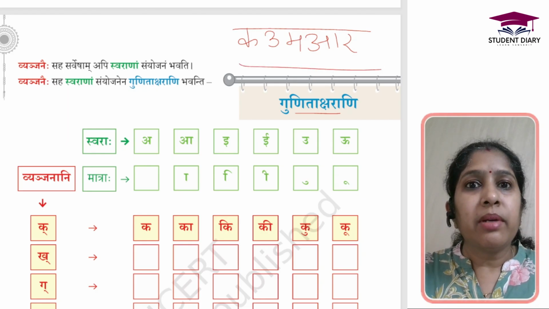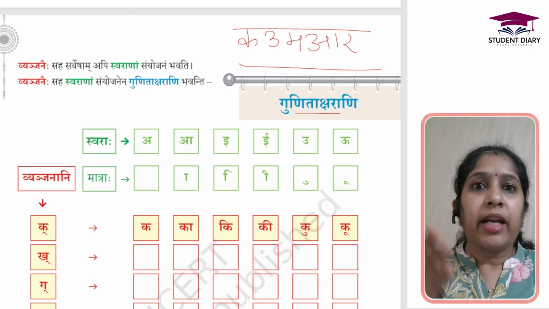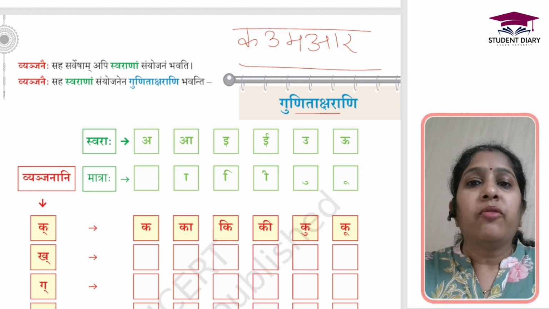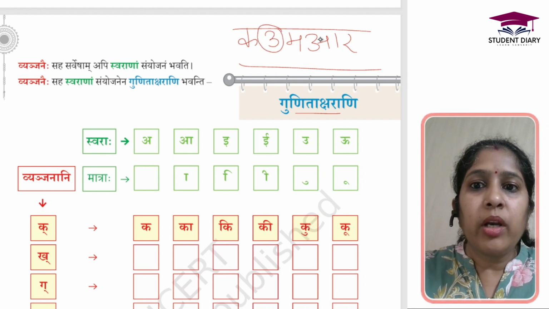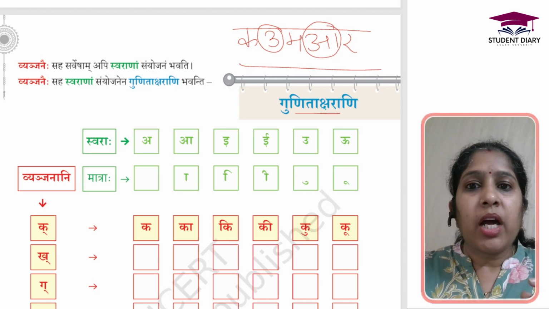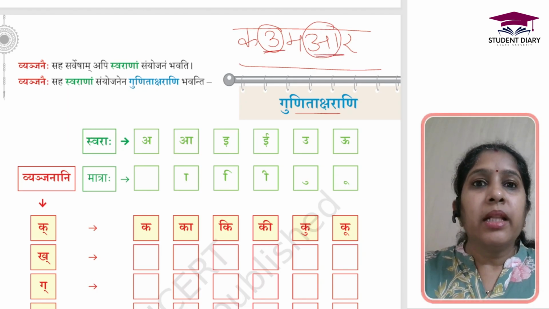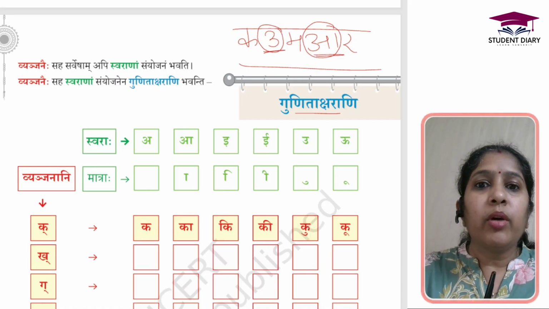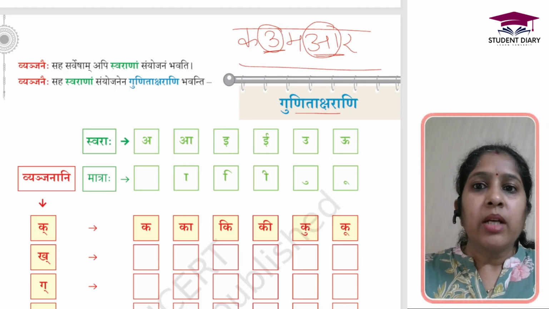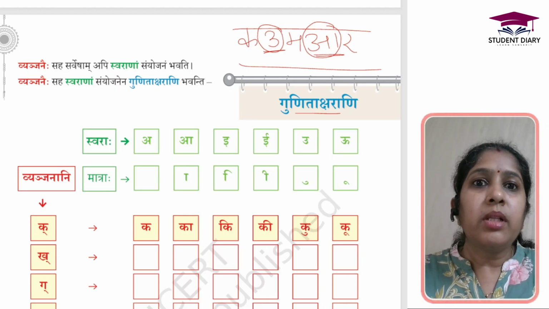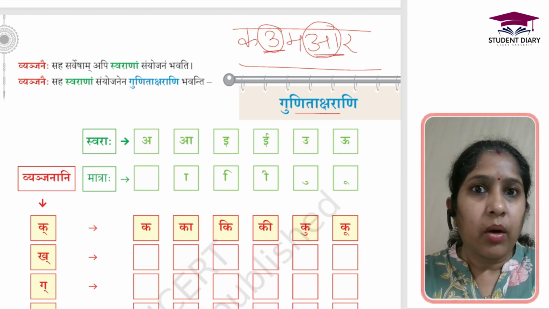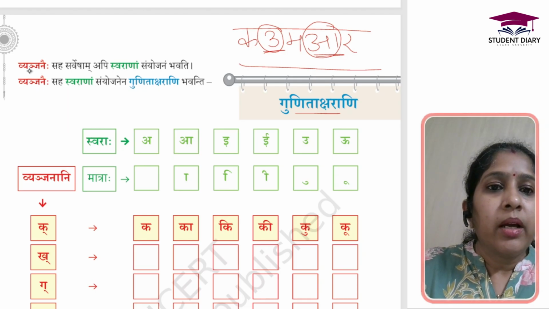But if we have to write big words, it becomes very difficult to write the swar and the vyanjan all together. So for swar, we are going to use symbols, which are called matra. We are not going to use the swar as it is in the middle of the words. We are going to use the matras, the symbols, for them. About the matras, we are going to learn, which will actually help you to read the text. So let's start.